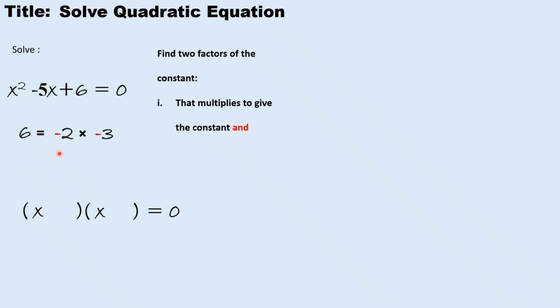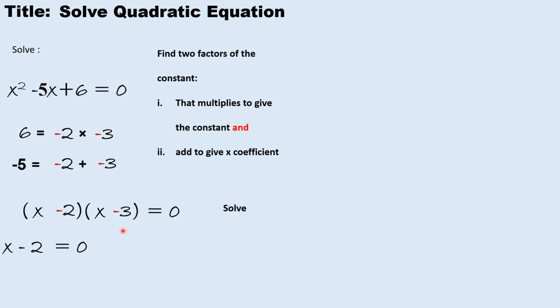And remember, those two factors should also add to give minus 5. Minus 2 add minus 3 is minus 5. So in the first bracket we will have minus 2, and in the second bracket we will have minus 3.